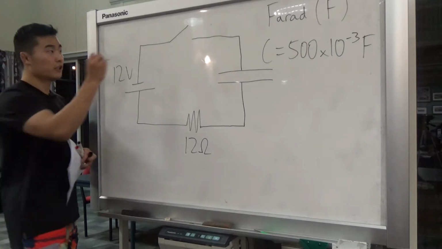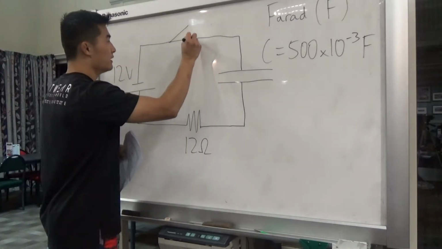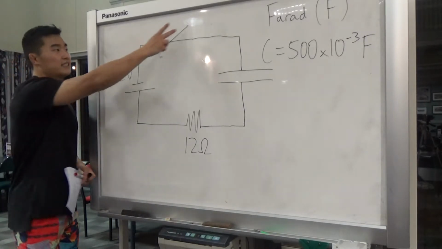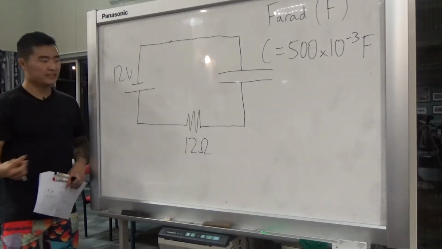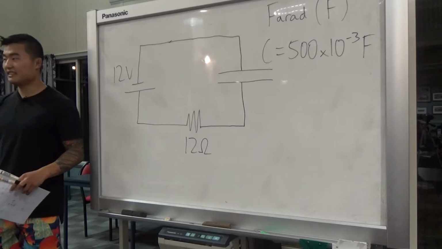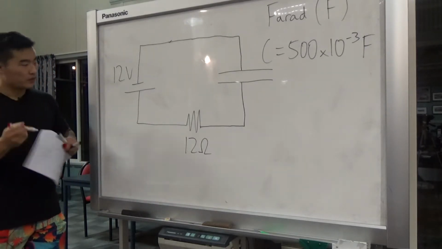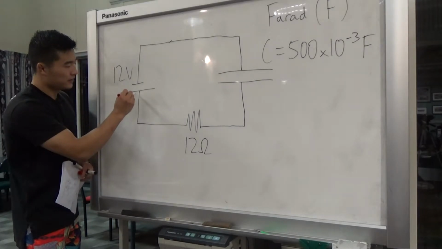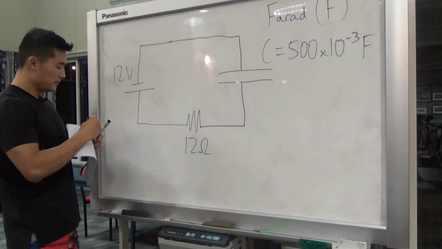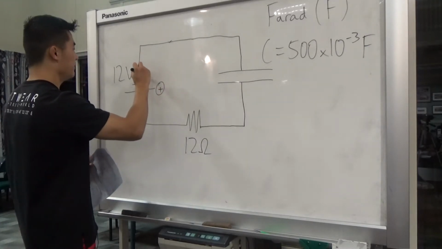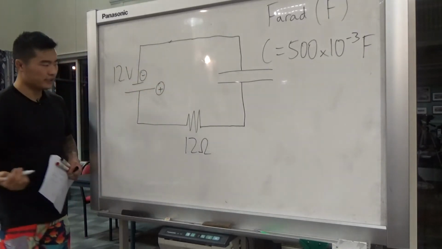So once you close that switch, now the whole circuit is connected, and that means that the charge, the current, can start flowing. Remember, the long line is your positive plate and your short line is your negative plate.